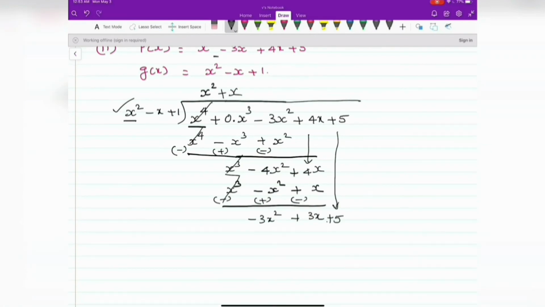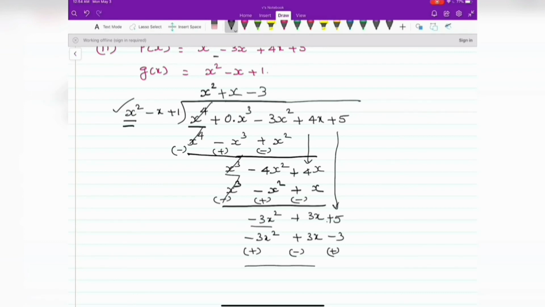Now I need minus 3x square, but I am having here x square. So let me multiply it by minus 3. Then I will be getting minus 3x square. Then minus x into minus 3 will give me plus 3x. Plus 1 into minus 3 will give me minus 3. In the same manner, when you subtract, the sign will change.